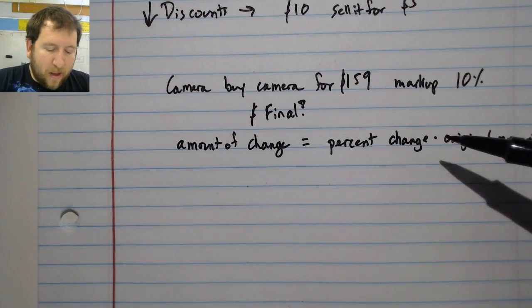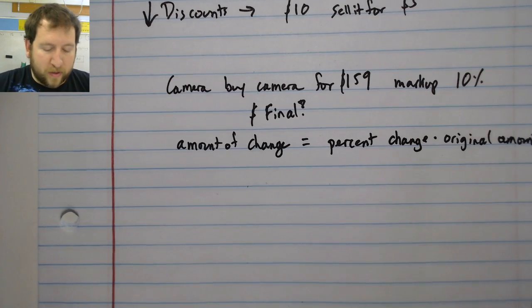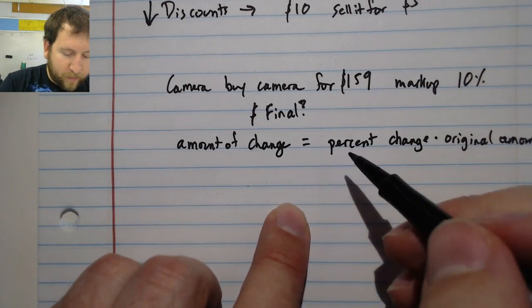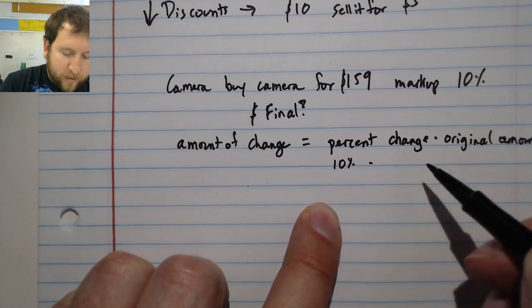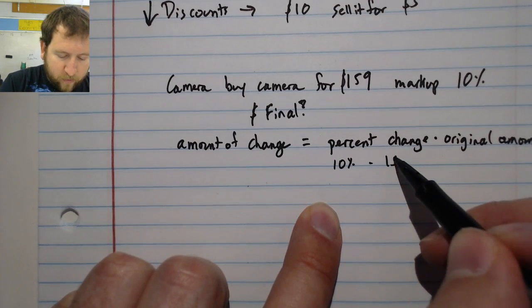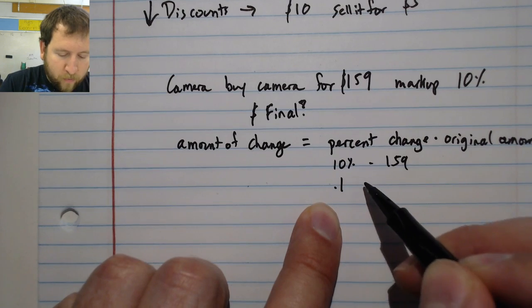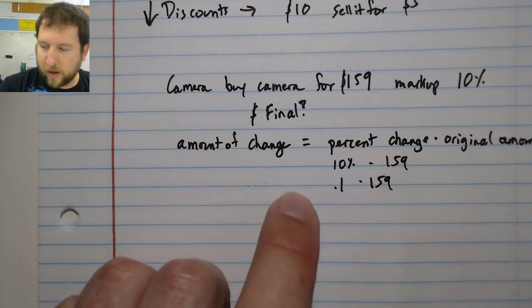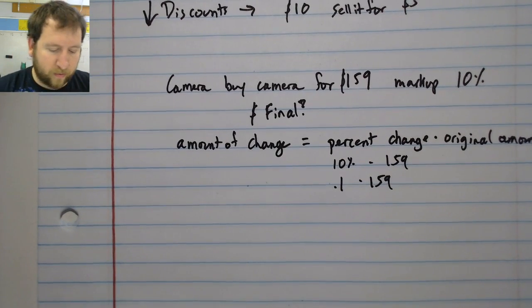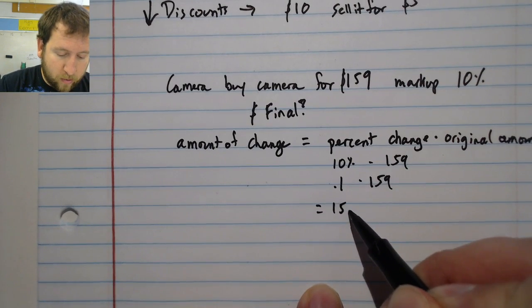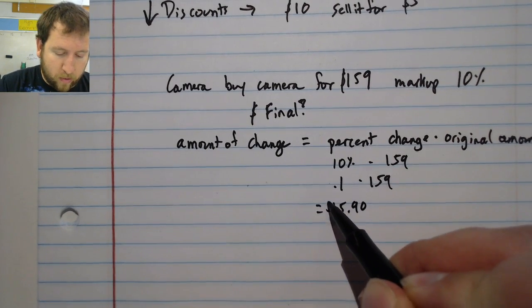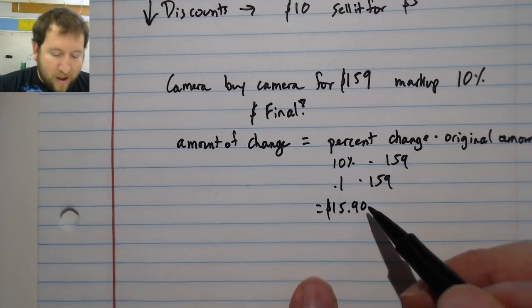We're going to look at this, but then as soon as we do this, I'm going to show you a little bit of an easier way to do this. Okay, so I'm going to just put 10% times the original price, which was $159. 0.1 times 159 is 15.9. There's our markup.